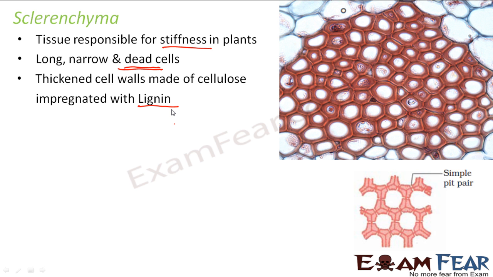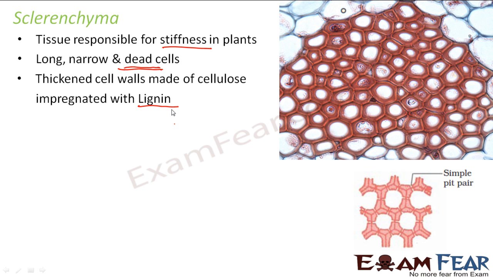So that's what I was telling, right? If it is for stiffness, the more stiffness you want, the more well protected the cells should be, which means the cell walls should be harder. In order to make the cell walls rough and tough, to harden the cells, what is done? They are added with a chemical called lignin. So lignin is the chemical substance which makes the cell walls hard, right?